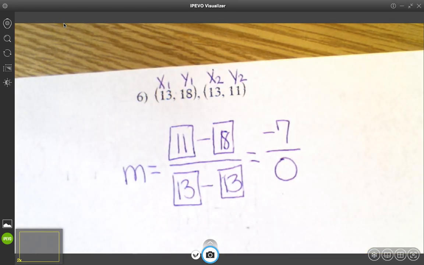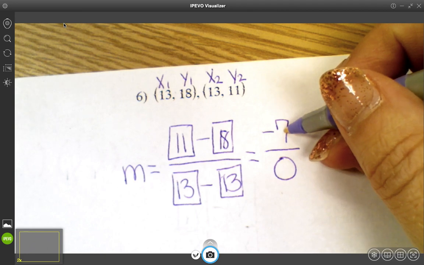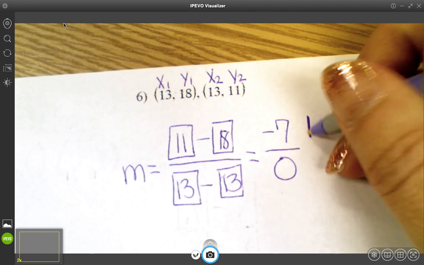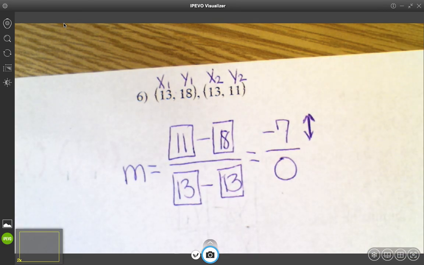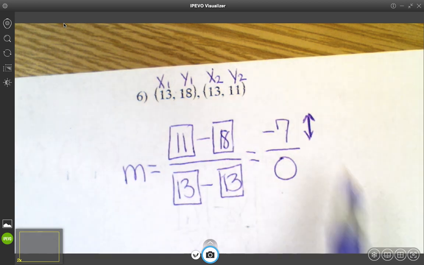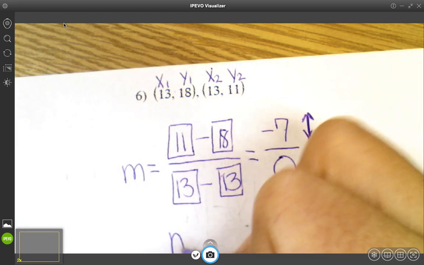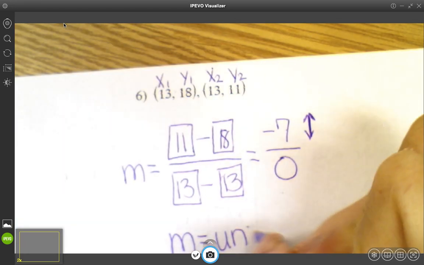So whenever you have a 0 in your slope, it could be 0 or it could be undefined, and we just have to ask ourselves, this is our rise. This is an up and down. So if we have a line that only goes up and down, there's no run. A vertical line, if we remember from earlier in the week, what kind of slope is that? And we would say on this one, our slope is undefined.